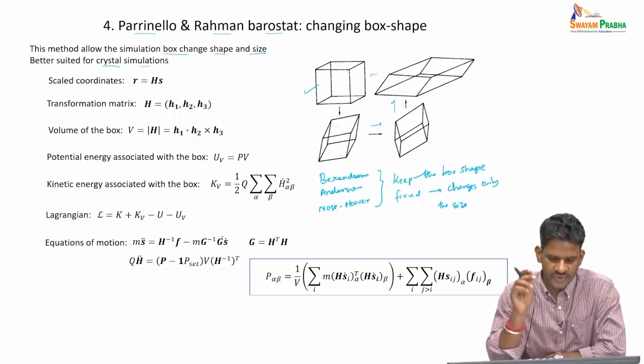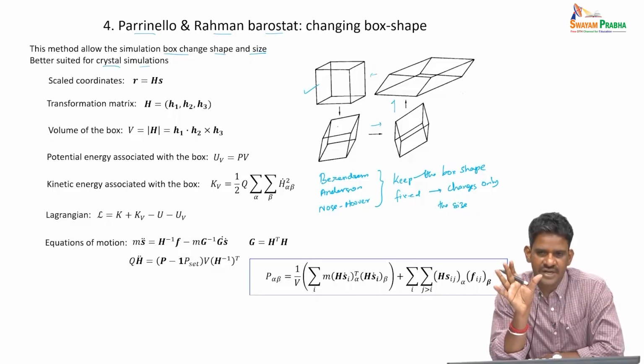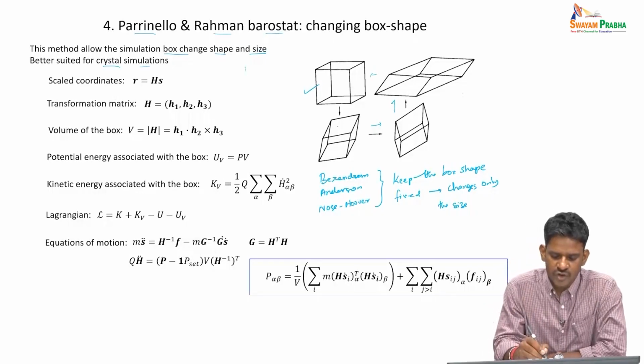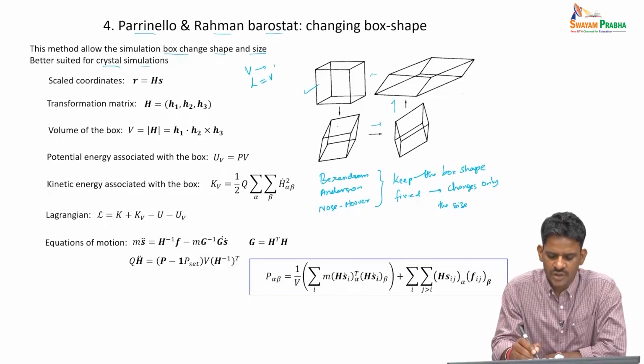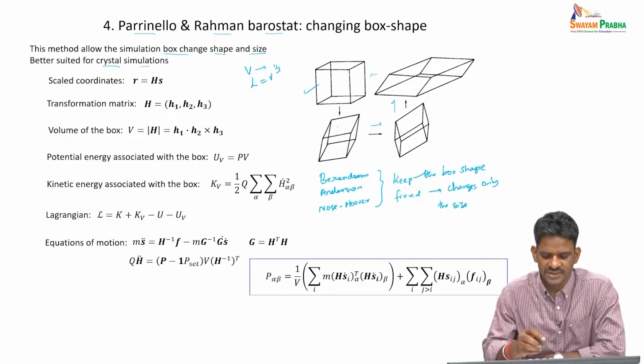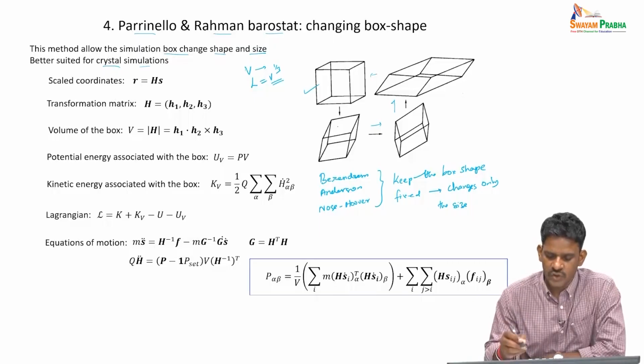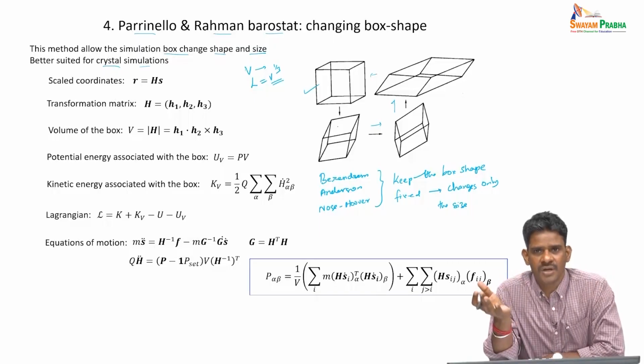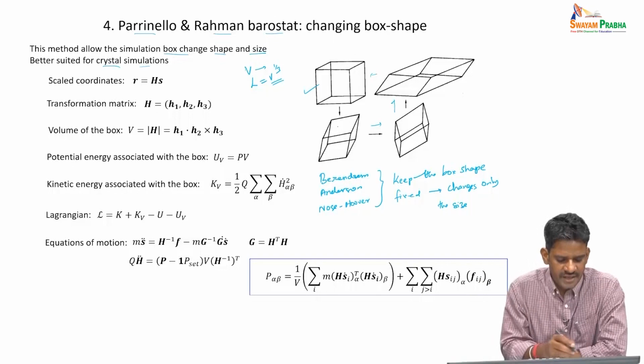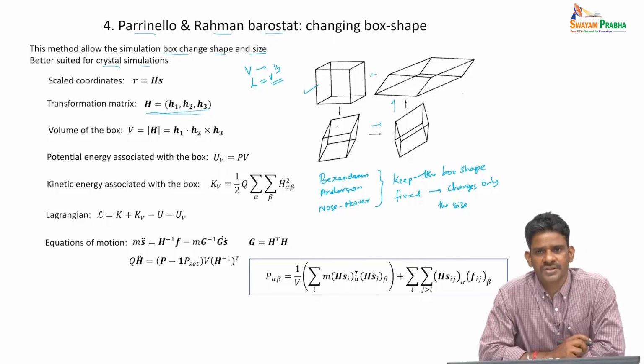So here in all the previous examples, since the shape was cubic, we could always talk about the volume, and we can talk about edge length to be V to the power 1/3, and then the scaling can be done with this factor V^(1/3) all the time for scaled variables. But now that the shape of the box is going to change, we are going to define a set of vectors for denoting the box edges.